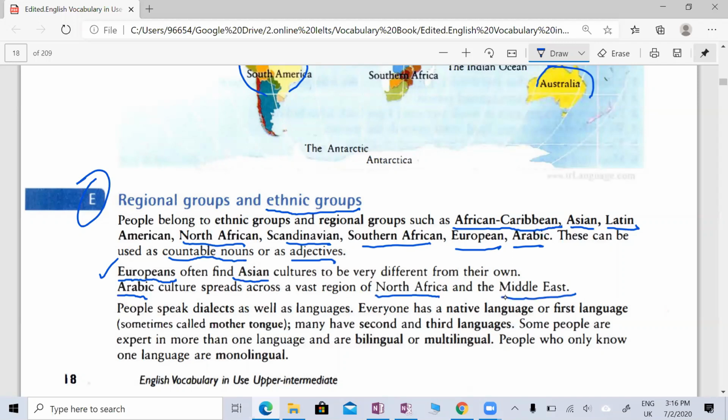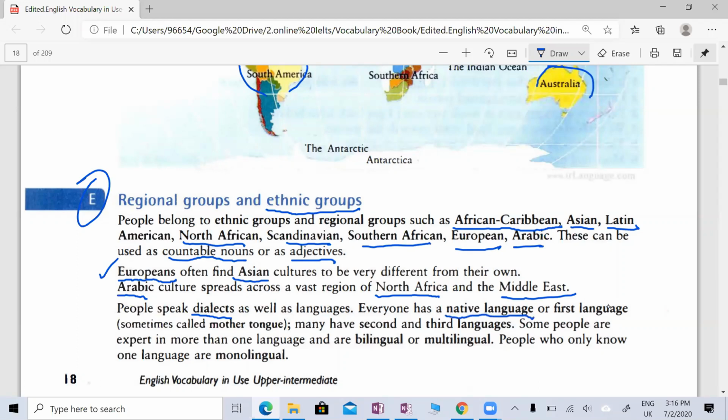Okay, and the next part is people speak dialects as well as languages. There are different dialects and different languages people speak. Everyone has a native language, like we all have our native language, our first language.